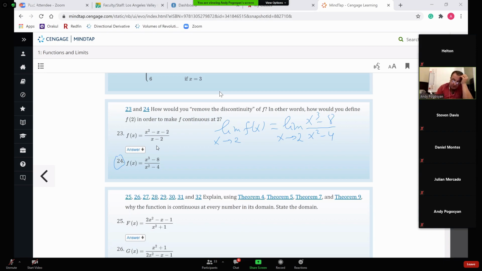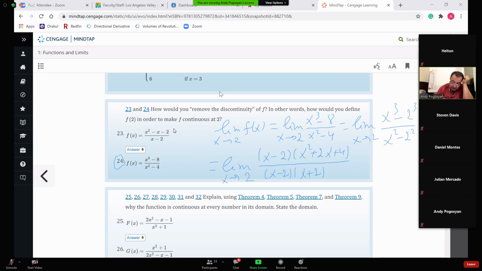Now notice that numerator and denominator when x is 2 become 0. So that means x minus 2 is a common factor. The limit, this is x cubed minus 2 cubed, this is x squared minus 2 squared, as x approaches 2, equals the limit, difference of cubes over x minus 2 times x plus 2, as x approaches 2.